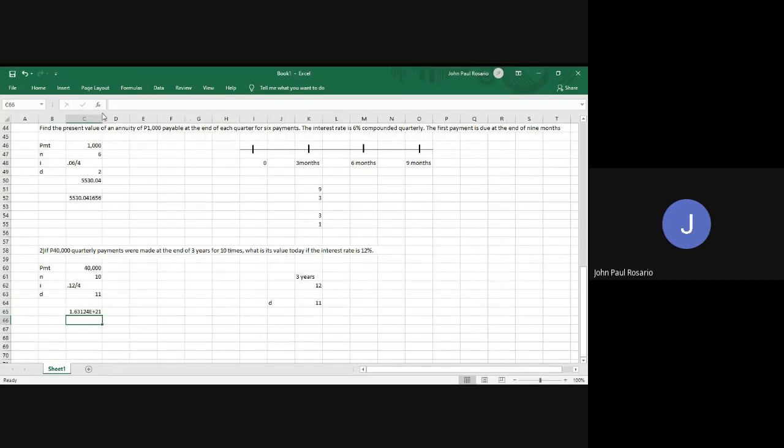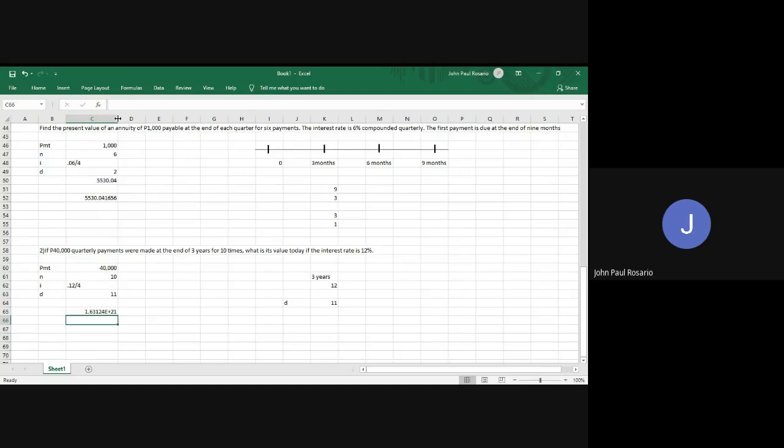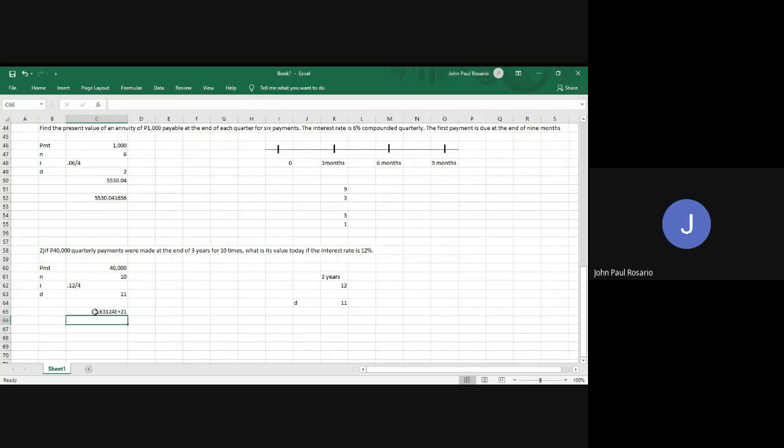40,000 times 1 minus 1 plus 0.12 over 4.